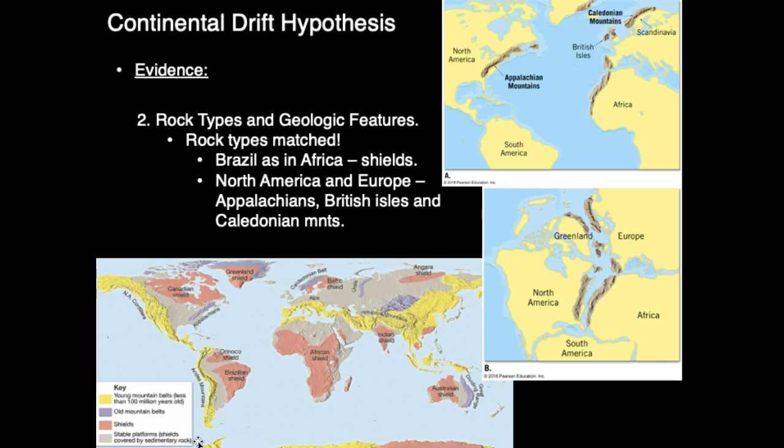So, for example, the highly deformed igneous province of Brazil and Guyana, which are over here, resembled rocks of the same type and age that are seen in Western Africa, right here. So you see those two shields pretty much match if you were to position them together, both in type of rock and in the formation of those rocks.